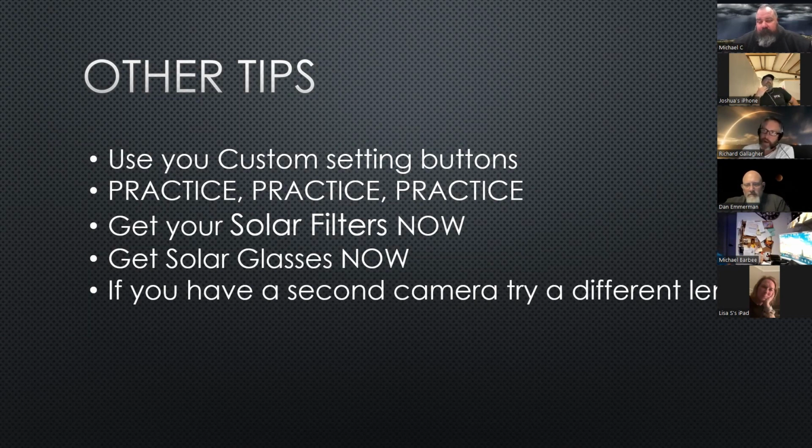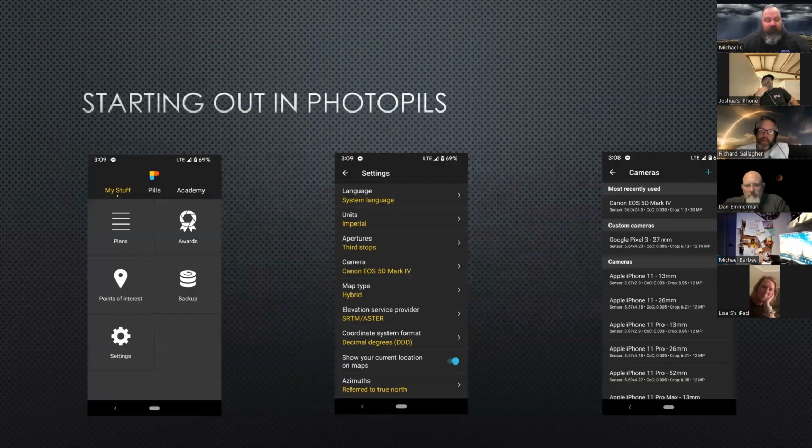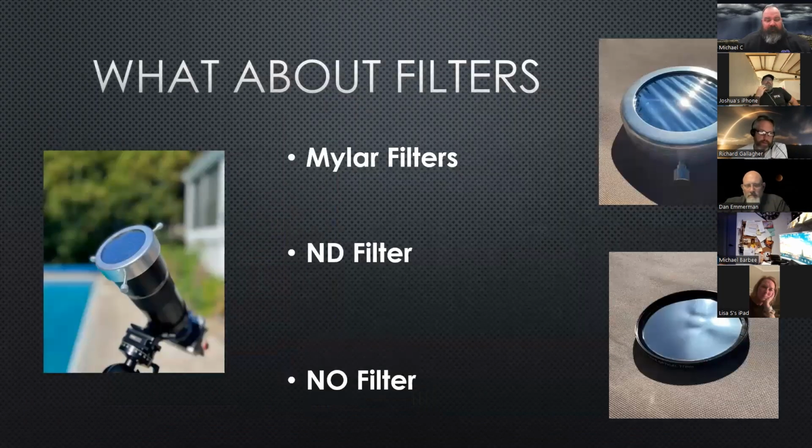So do you stick it right on your glass or do you make some kind of contraption? Well, it depends on what you get. Let's scroll back to them. Good questions.